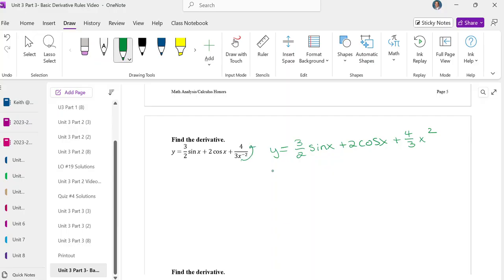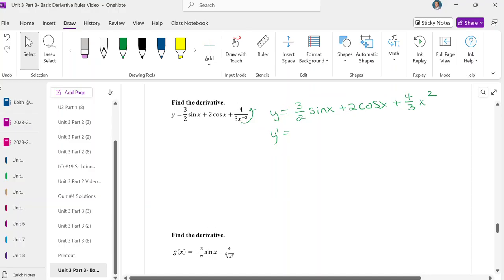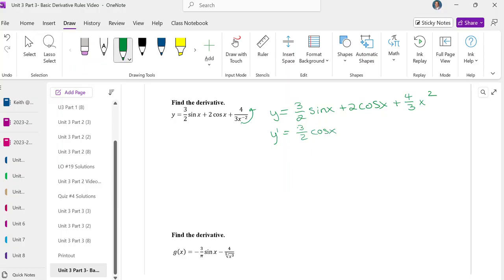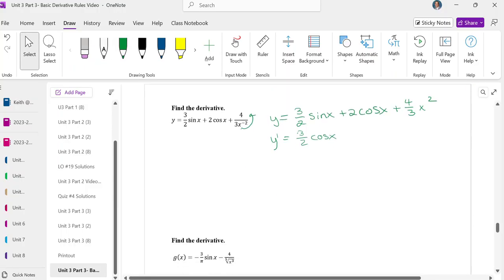All right, so now we can take the derivative. So it becomes, remember the derivative of the sine is cosine, so it's going to be 3/2 cosine x. And then the derivative of the cosine, remember, is negative sine.